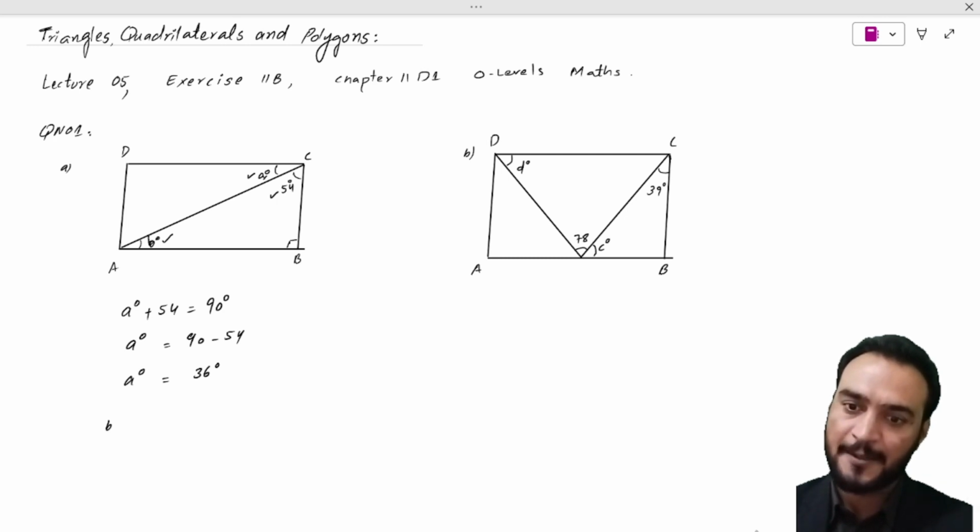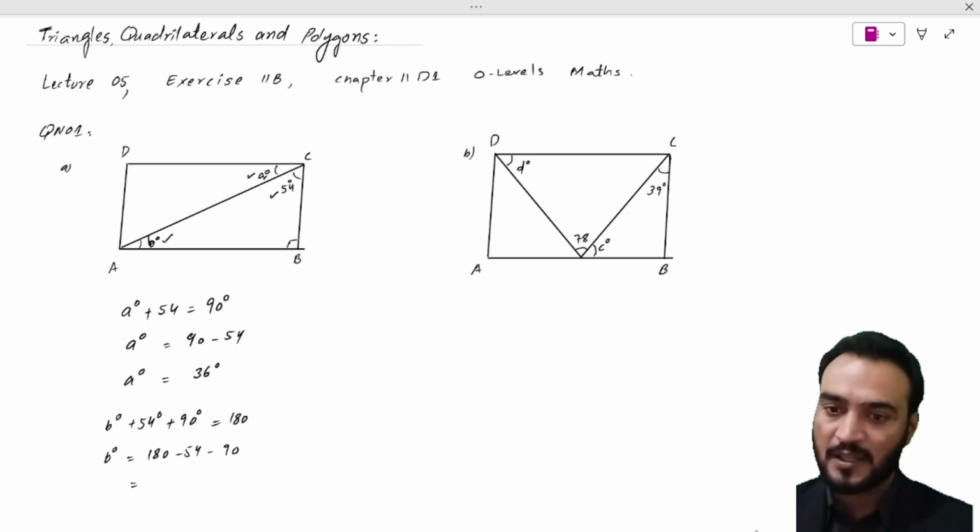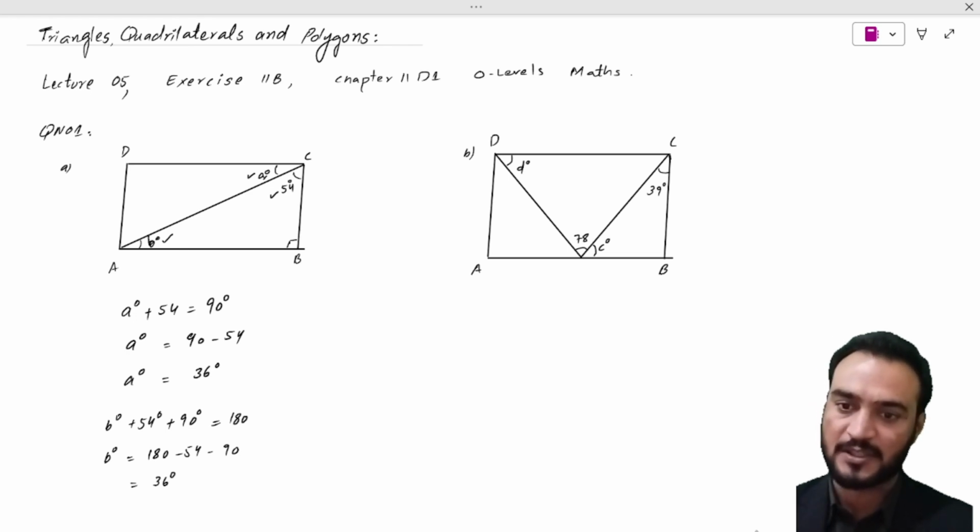So B degree plus 54 degrees plus 90 degrees is equal to 180 degrees, as the sum of interior angles of a triangle is 180 degrees. So B degree is equal to 180 minus 54 minus 90. The answer is B degree equals 36 degrees.